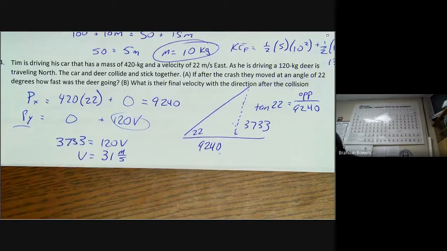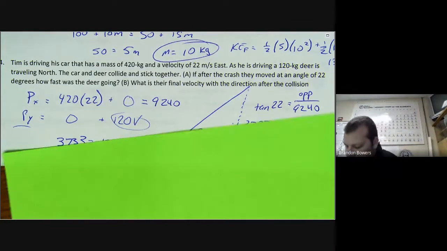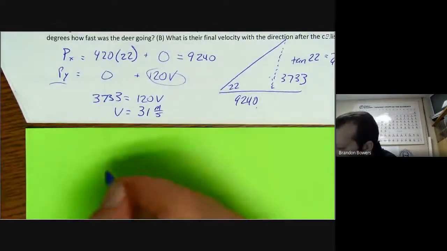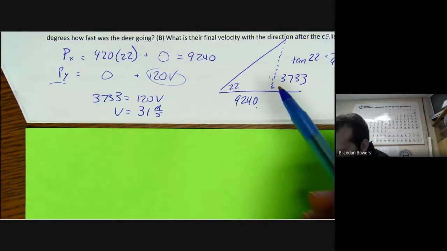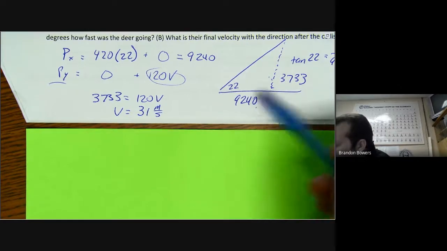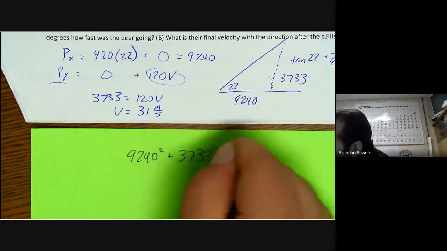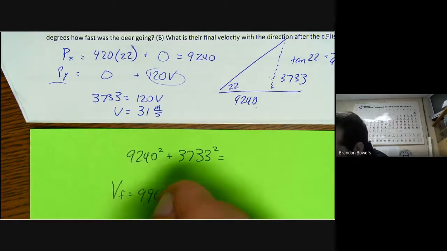Now, it says, what is their final velocity with the direction after the collision? We'll have to solve for momentum final. If you do a squared plus b squared equals c squared, the final is 9,965, somewhere around there.